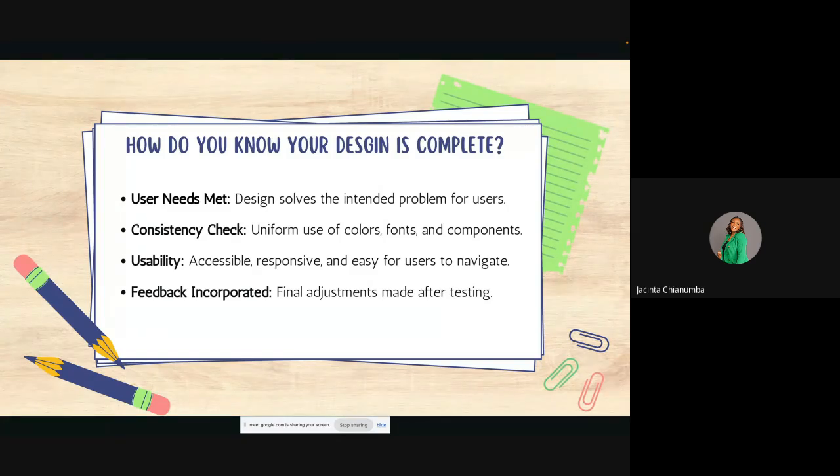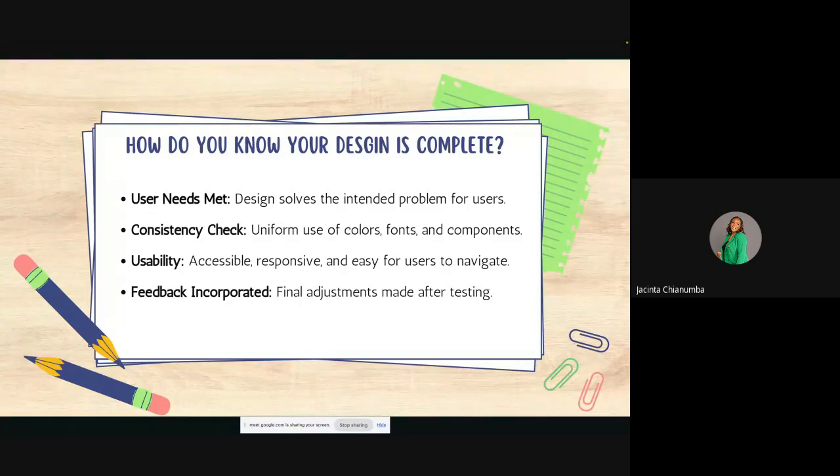And if you want to throw in illustrations, make sure that your kind of illustrations are not different from the other parts. So make sure that there's consistency all through your design.